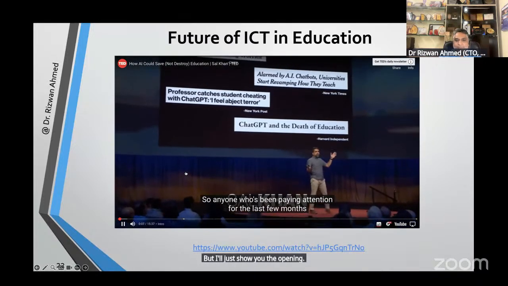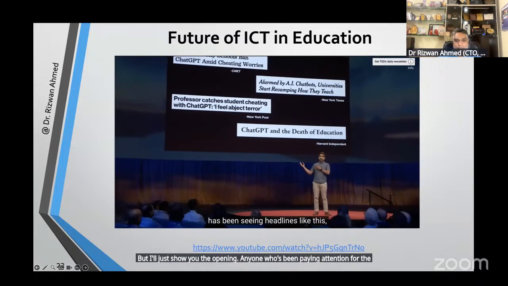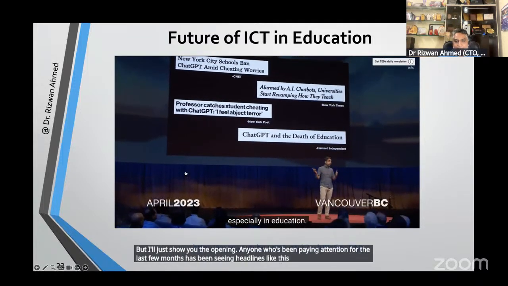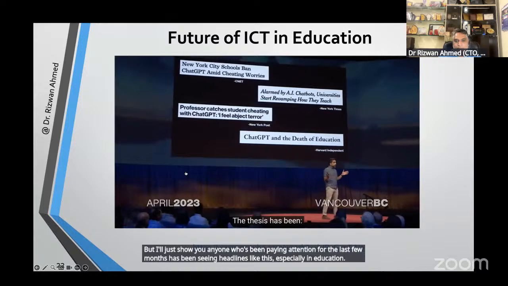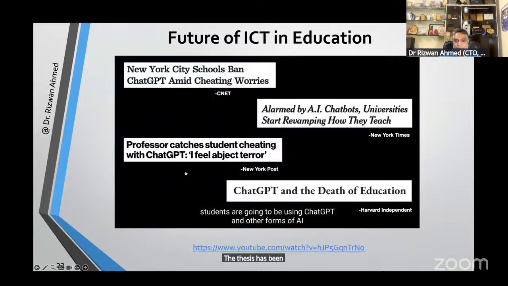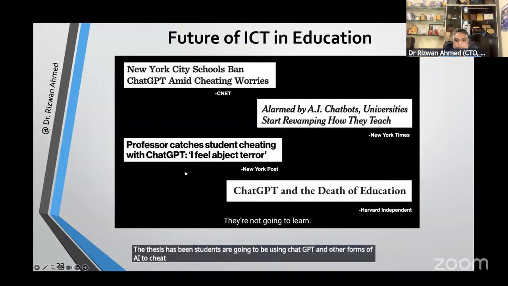Anyone who's been paying attention for the last few months has been seeing headlines like this, especially in education. The thesis has been students are going to be using ChatGPT and other forms of AI to cheat, do their assignments. They're not going to learn. And it's going to completely undermine education as we know it.